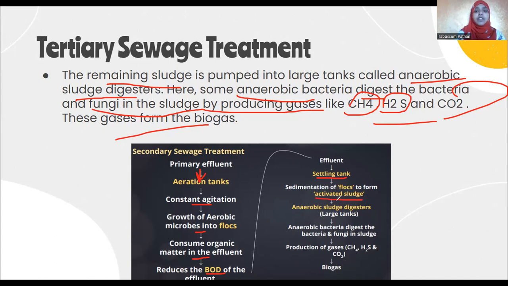A small amount is returned to the secondary treatment, whereas the majority is transferred into larger tanks known as anaerobic sludge digesters, where anaerobic bacteria will eat up the flocs, which have aerobic bacteria and fungi, and produce biogas: carbon dioxide, methane, and hydrogen sulfide.